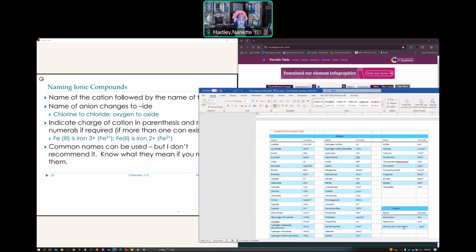Sometimes you'll see, like, ferrous is listed. Some of those are old names. So that was supposed to indicate to us what the charge was. Again, this is old nomenclature. We don't use it anymore because it's much better to just indicate what the charge is on that particular species rather than expecting you to remember what that name means.